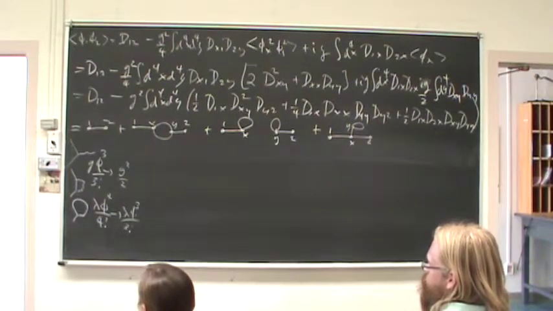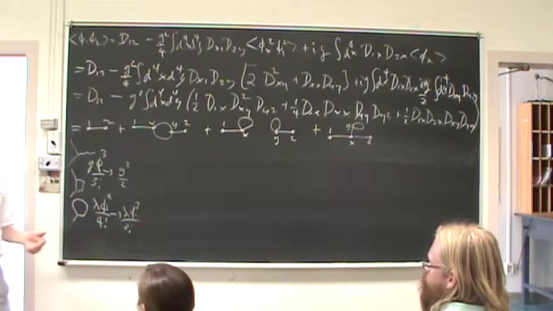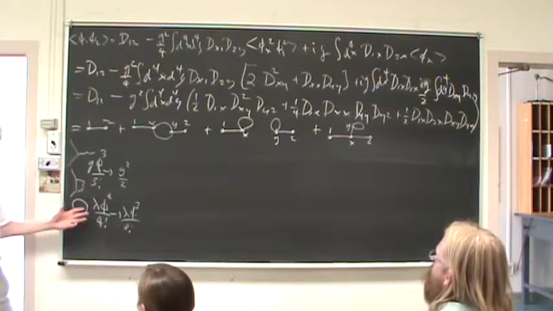These extra factorials tend to cancel when you work out your Feynman diagrams, and that's why they're put in.